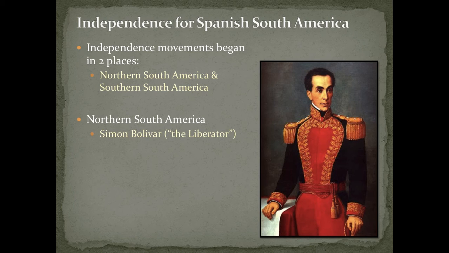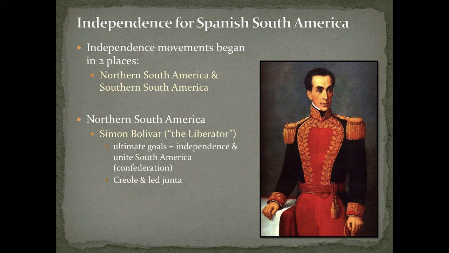But he's one of these guys that proclaims a junta, a military dictatorship, or military government, during this time that Spain is preoccupied with the Napoleonic Wars. He gains the nickname the Liberator because he helped to liberate most of South America in combination with another Creole, José de San Martin, who's going to come up from the south.